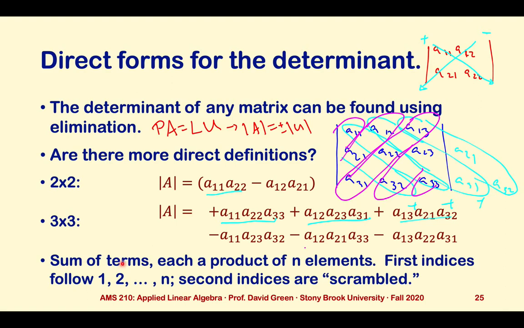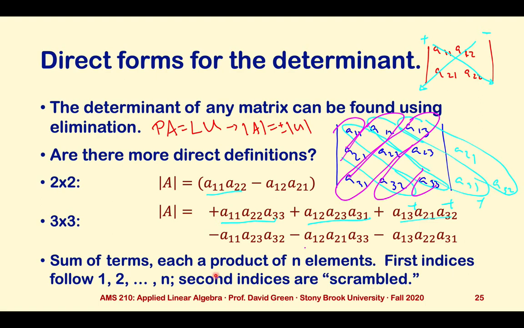They both involve sums of terms, where each is a product of elements of the matrices. The 2 by 2 has products of 2 elements. The 3 by 3 has products of 3 elements. And in each case, the elements involved have a first index that follows the sequence 1, 2, 3, and so on. 1, 2, 1, 2, 1, 2, 3, 1, 2, 3, 1, 2, 3.